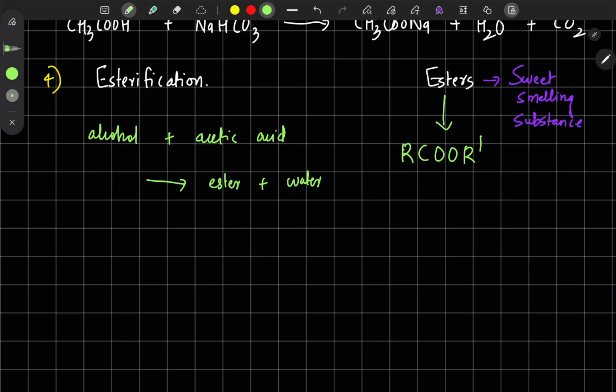What you need is concentrated H2SO4. This is the only condition. Alcohol plus acetic acid will give you ester plus water. So I will write the definition here for the esterification reaction.